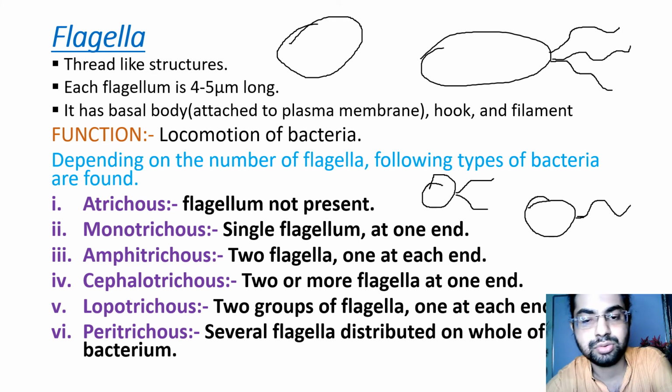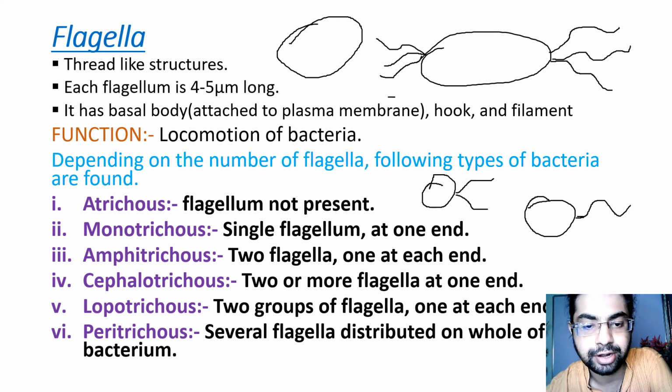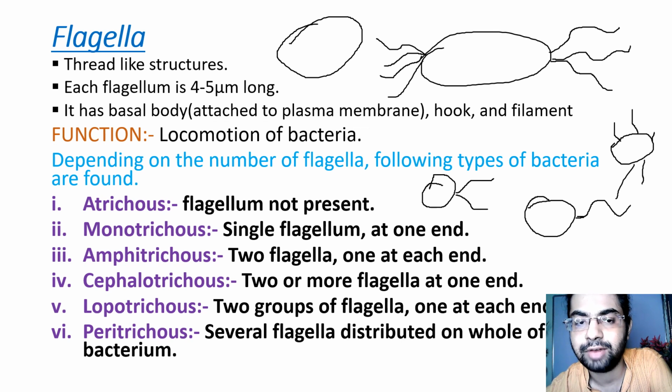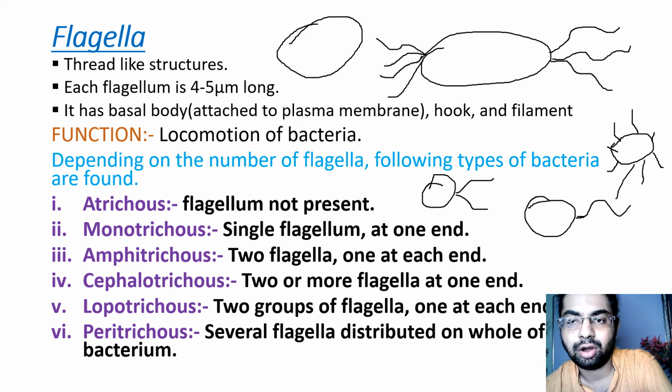And lophotrichous, 2 groups of flagella. And peritrichous, several flagella distributed in the bacterium. So the flagella function is movement, and it is 4 to 5 micrometer long, and it is attached to the bacterial plasma membrane. It has a basal body, and it is filamentous in nature.